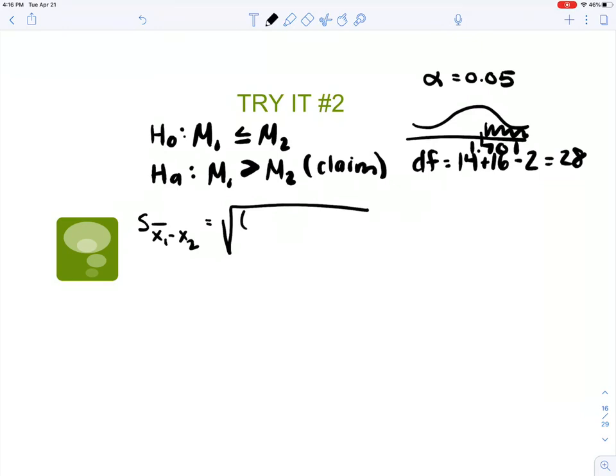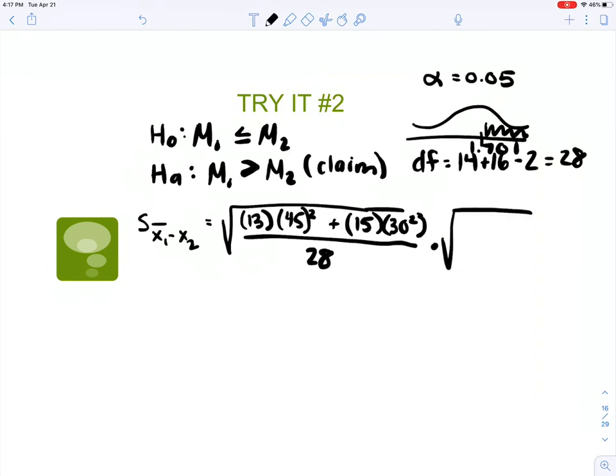So N1 minus 1, 14 minus 1 is 13, times my standard deviation squared, plus N2, which is 16, minus 1, times my standard deviation squared, all over N1 plus N2 minus 2, which was my degree of freedom.